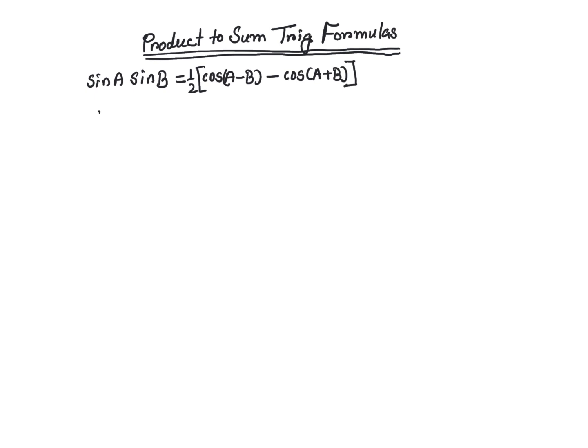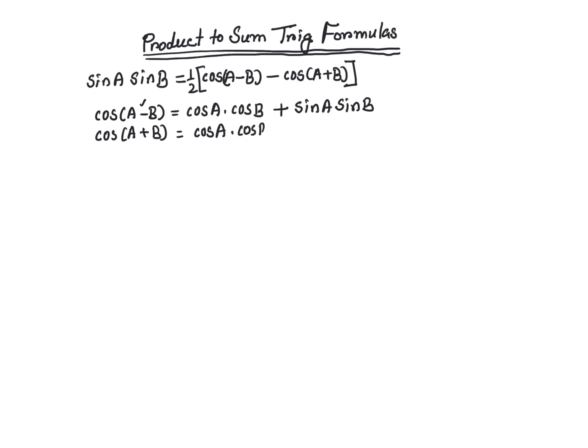Remember that cosine of A minus B is equal to cosine of A times cosine of B plus, so this one is minus, so on the right hand side it is going to be plus, sine of A times sine of B. Then cosine of A plus B is going to be equal to cosine of A times cosine of B minus sine of A times sine of B.